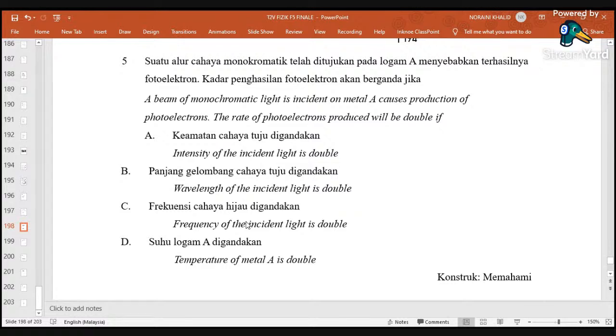The rate of photoelectrons produced will be doubled if the intensity of light is doubled. This means the number of electrons emitted per second. The rate of photoelectrons produced depends on intensity, but the kinetic energy does not depend on intensity.